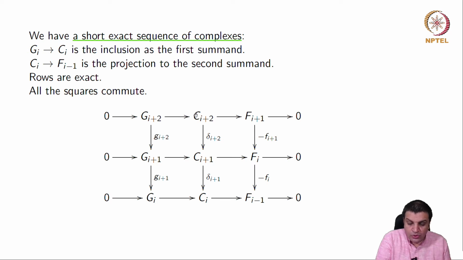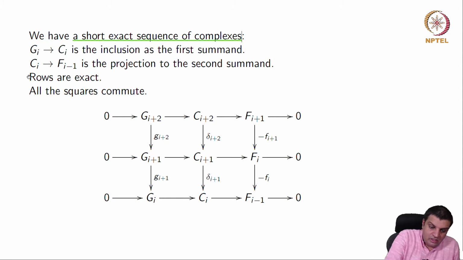This is the inclusion in the first summand. Remember, Ci is Gi direct sum Fi minus 1. So the inclusion from Gi to Ci is the inclusion as the first summand, and Ci to Fi minus 1 is the projection to the second summand. Therefore the rows are exact.